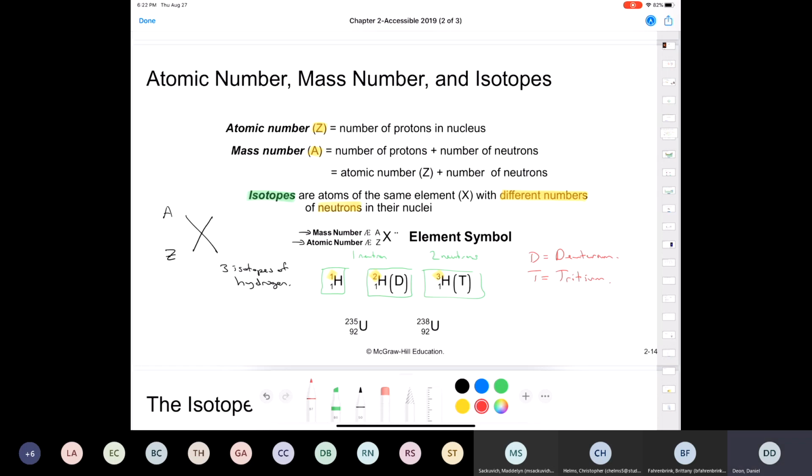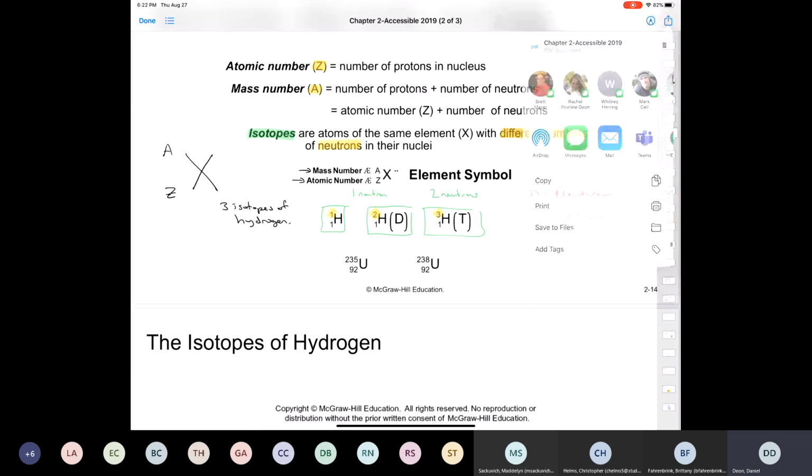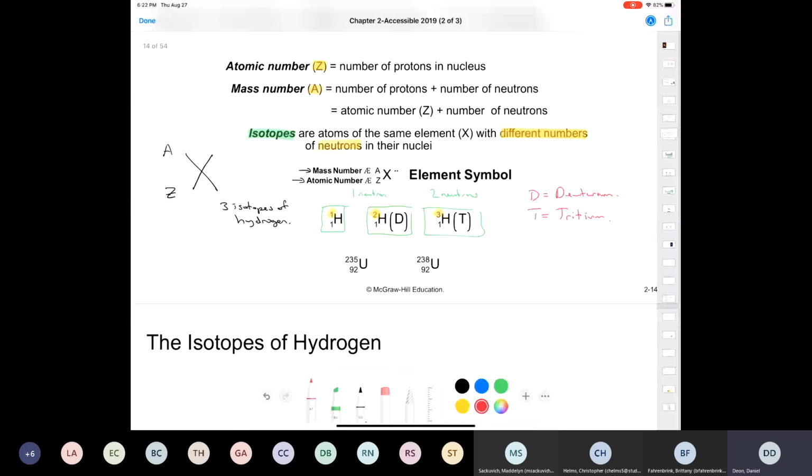Here we have 2 other isotopes at the bottom. I'll point out that they both have the same atomic number. They both have 92 protons. What's different is the number of neutrons. The one on the left is uranium-235. Can anybody tell me how many neutrons there would be in uranium-235? I'll write down here, protons is equal to 92.